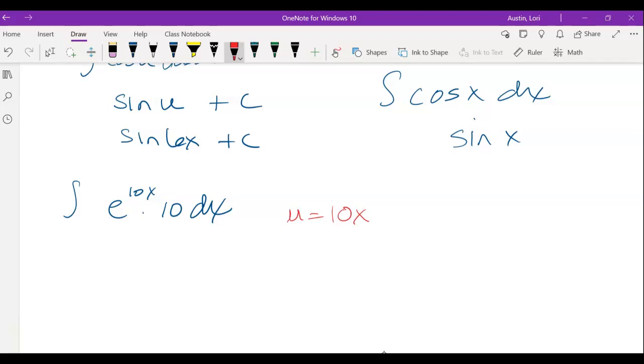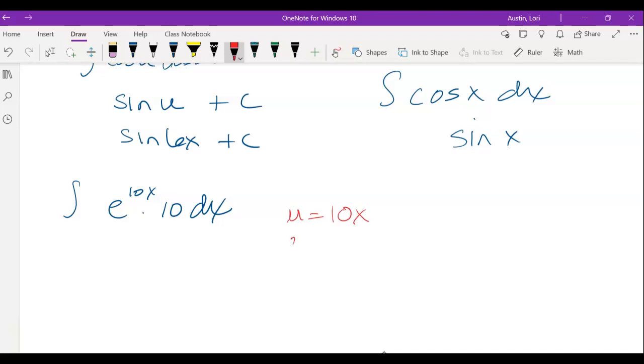If it were a negative 10, you'd have to do them separately, and it would still be 10x.